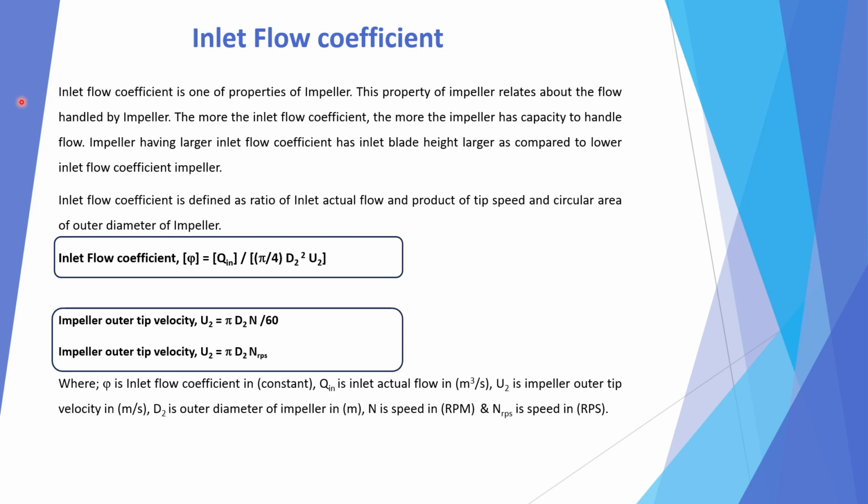Inlet flow coefficient is defined as the ratio of inlet actual flow, and the product of tip speed and circular area of outer diameter of impeller.